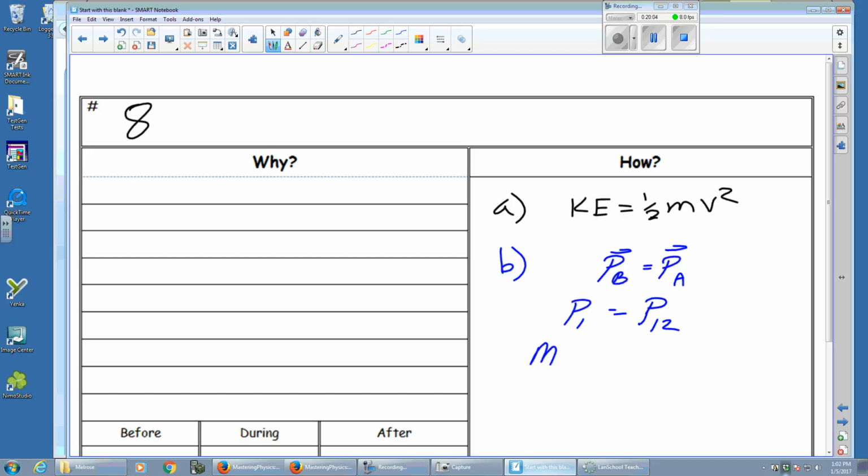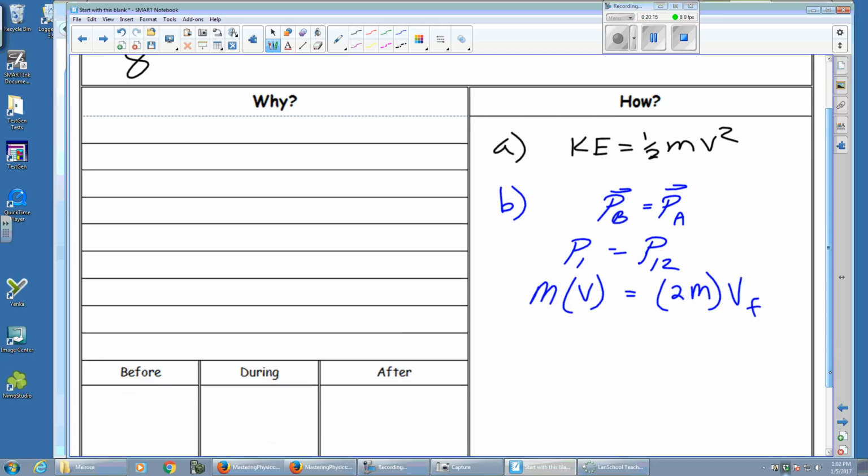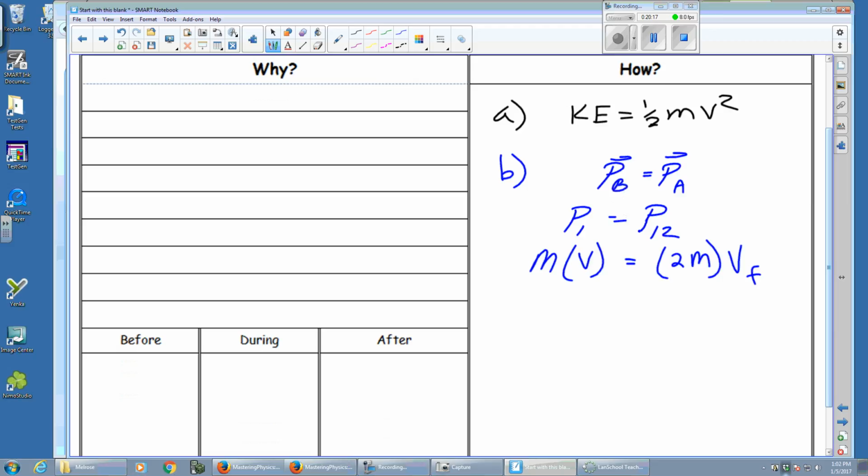So whatever the mass is times the velocity, the mass is going to double, and then you'll have a new velocity. So here you're solving for the final velocity, and then use that in your kinetic energy.